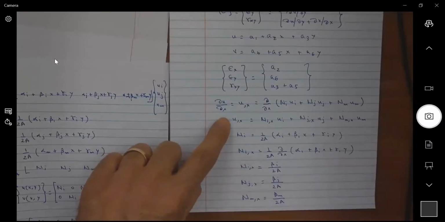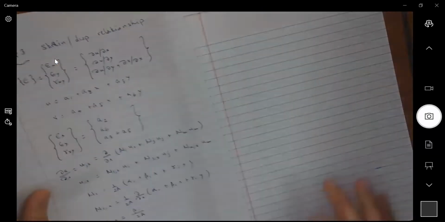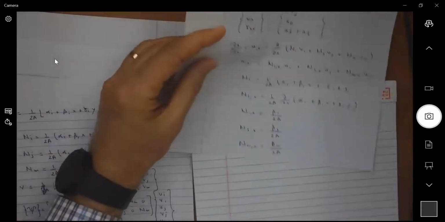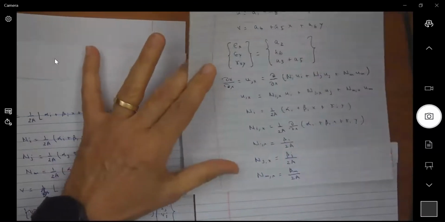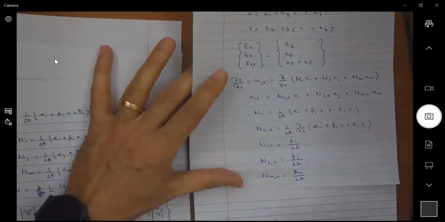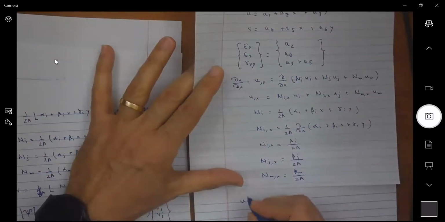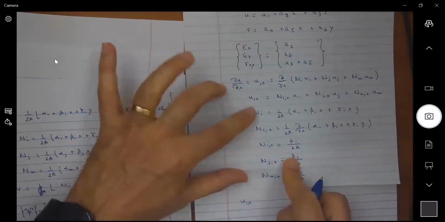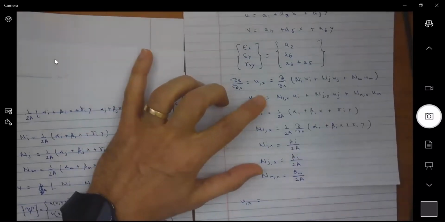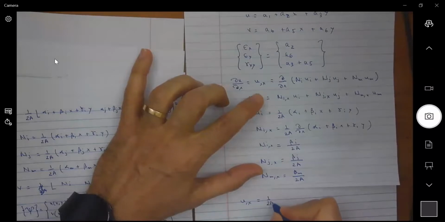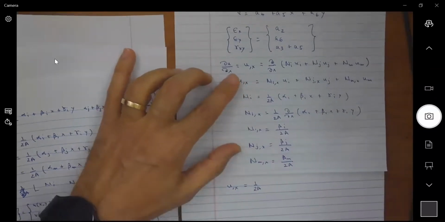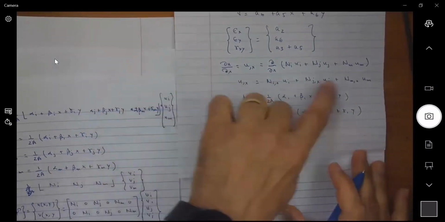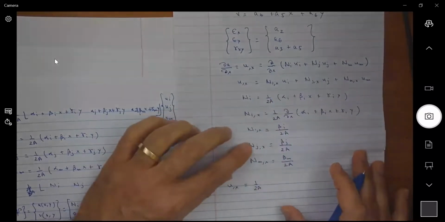Now if I go back to u,x, I can write it as, I take 1 over 2a as a common factor, because all these terms have 1 over 2a.